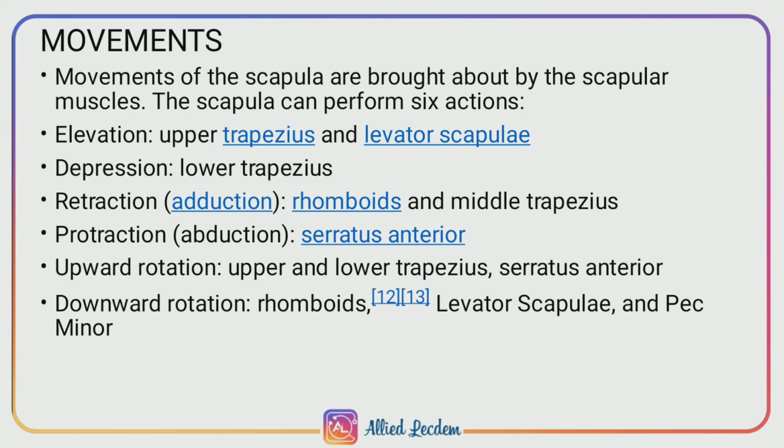Retraction is nothing but the adduction movement, brought by rhomboid and middle trapezius, whereas protraction, nothing but abduction, is brought by serratus anterior. Upward rotation is by upper and lower trapezius and serratus anterior, and downward rotation by rhomboid, levator scapulae, and pec minor muscles.